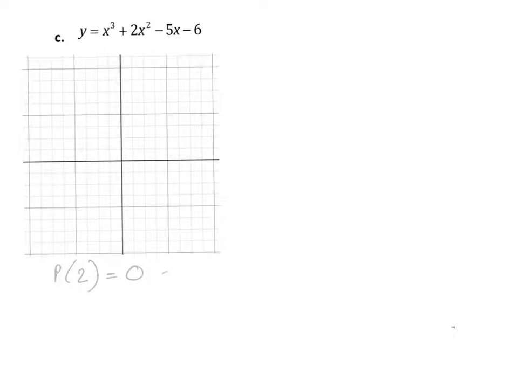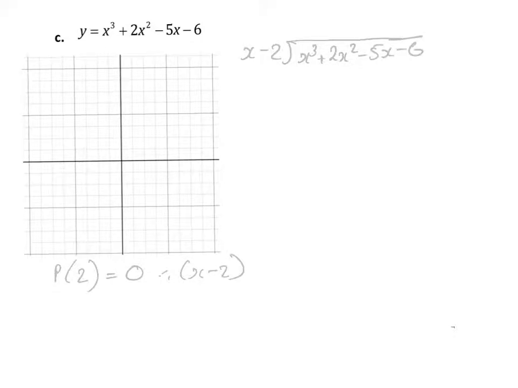So that tells me that x minus 2 is a factor. Okay, so it is trial and error. There is no easy way out with that. So if x minus 2 is a factor, then I'm going to use long division there and substitute it in. So x minus 2 into x cubed plus 2x squared minus 5x minus 6.